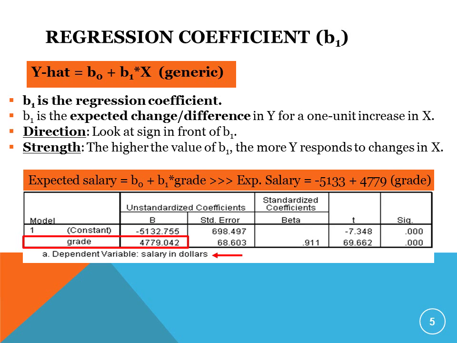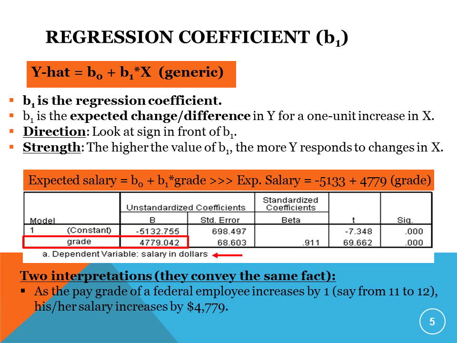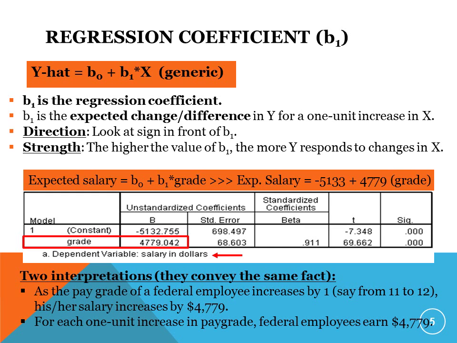This is telling us two interpretations, and they convey the exact same thing. As the pay grade of a federal employee increases by 1, say from 10 to 11, 11 to 12, and so on, each increase in pay grade increases your salary by $4,779. To say it a different way, for each 1-unit increase in pay grade, federal employees earn $4,779 more.